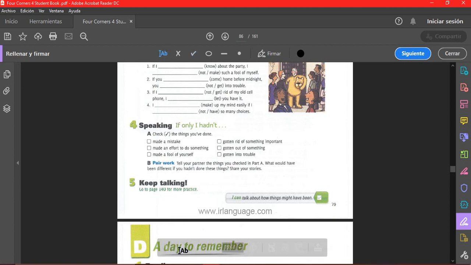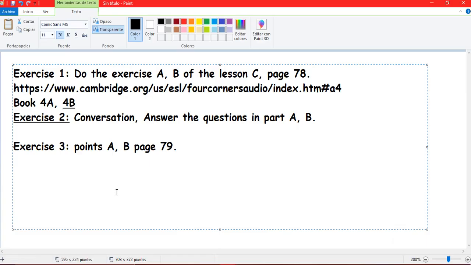So exercise 4, points A and B, of page 79.